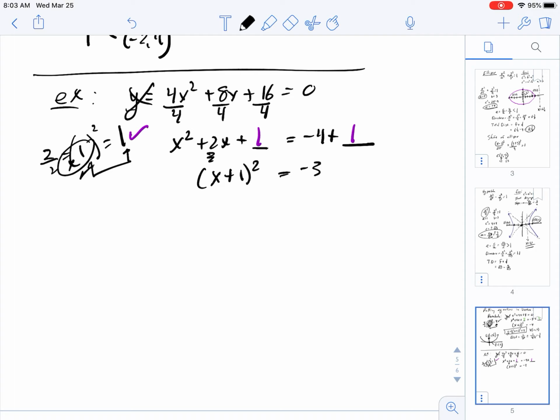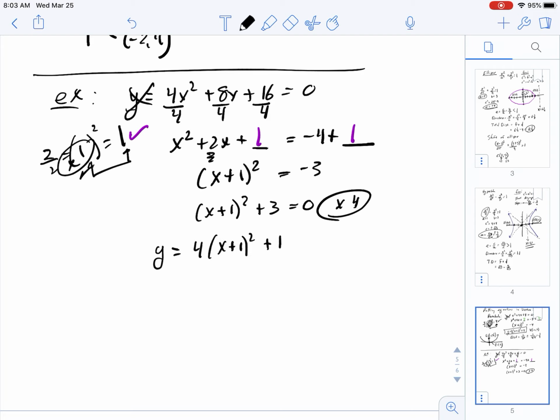Move that back over, but you also at the same time, well, I'll do it in stages here. You have x plus 1 squared plus 3 equals 0, but you have to put the scalar back in, so we have to multiply by 4. So we have y equals 4 times x plus 1 squared plus 12. So basically you do have a shift of 12, not 3.